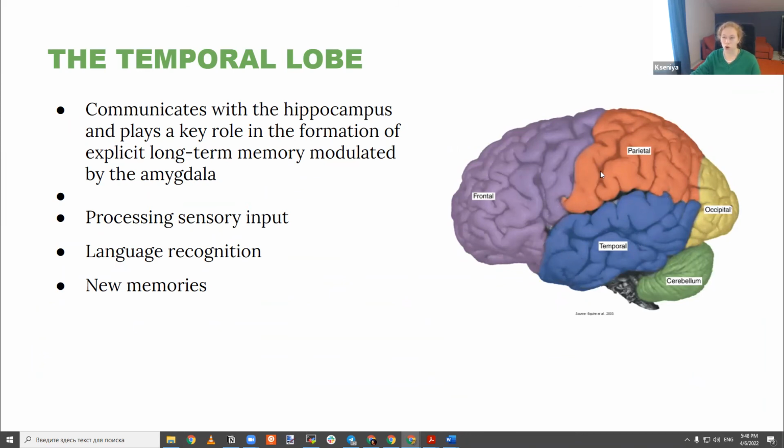And the temporal lobe contains auditory cortex, where sound is processed, as well as language reception and comprehension regions. The middle region of the temporal lobe is important to memory, and inferior posterior regions are involved in visual object representation.